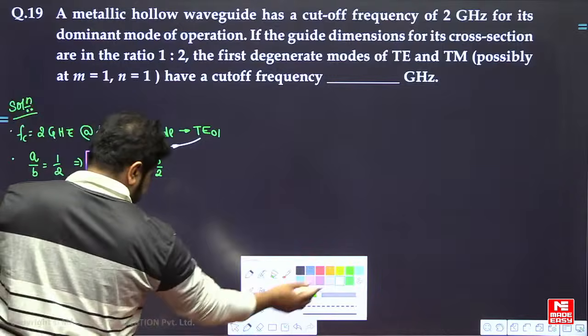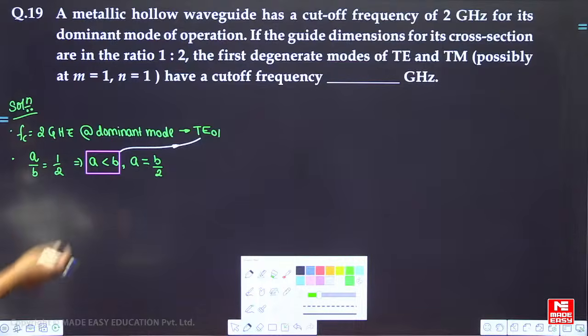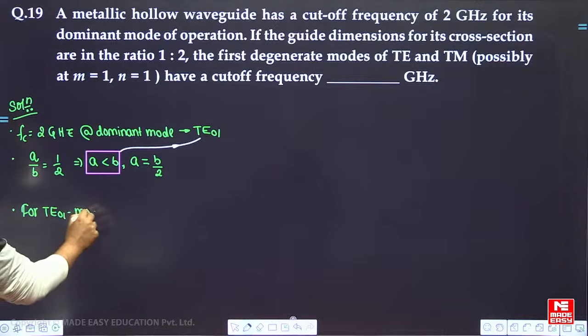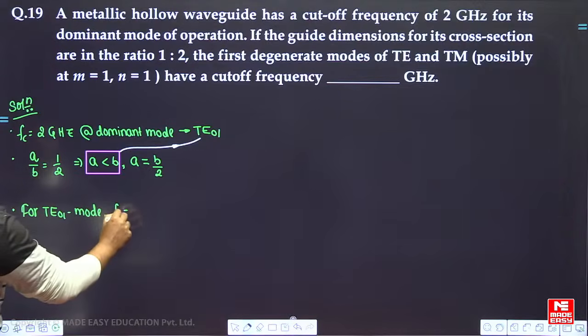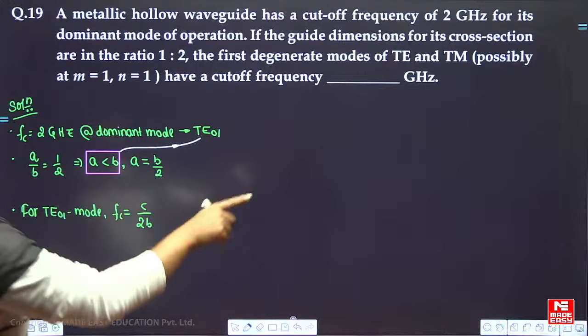Then they are asking what will be the first degenerate mode cutoff frequency, m equal to 1, n equal to 1. To find the cutoff frequency for the degenerate mode, first of all we have to find A and B. For TE01 mode, what will be the cutoff frequency? It will become C upon 2B. Any dielectric given?